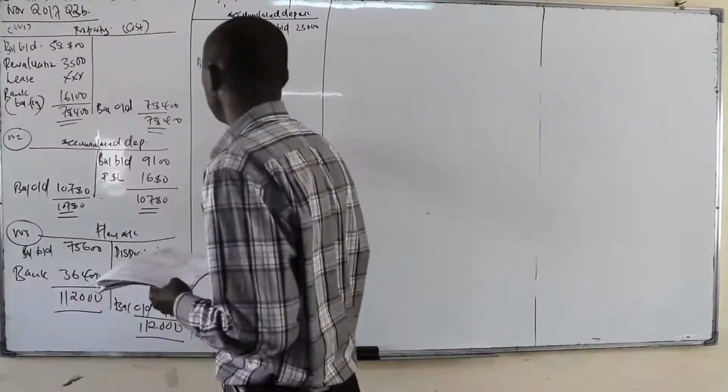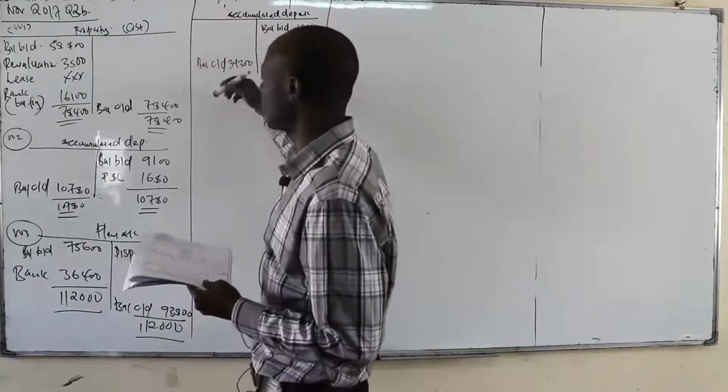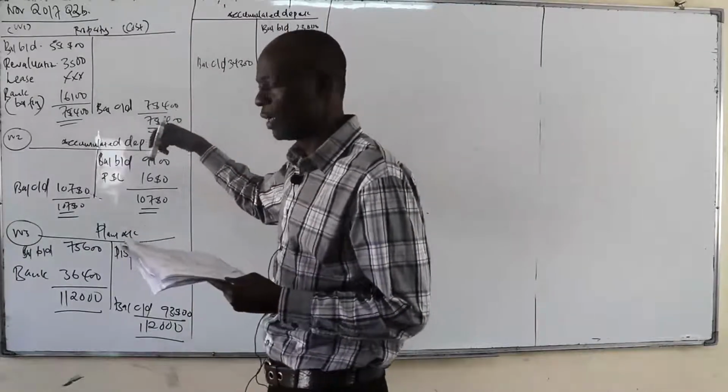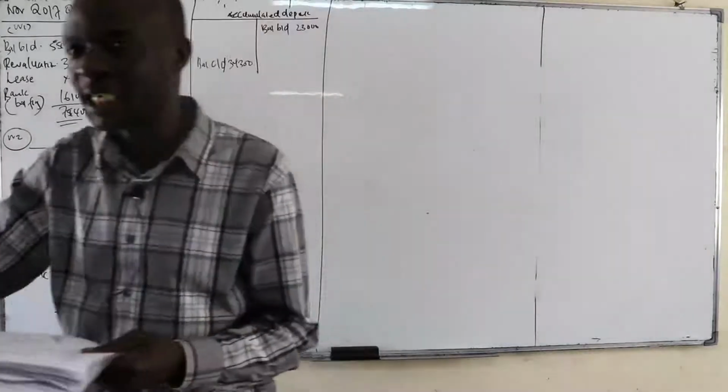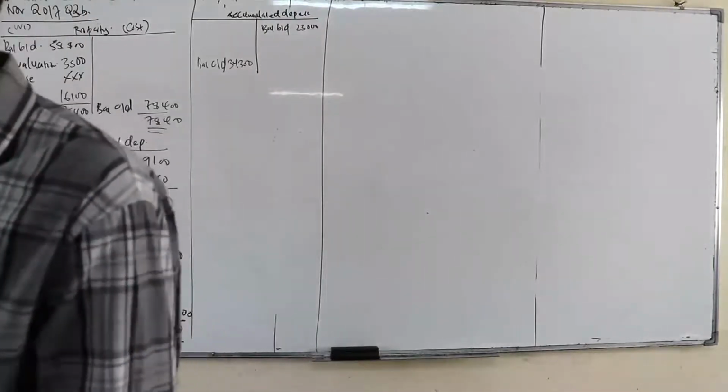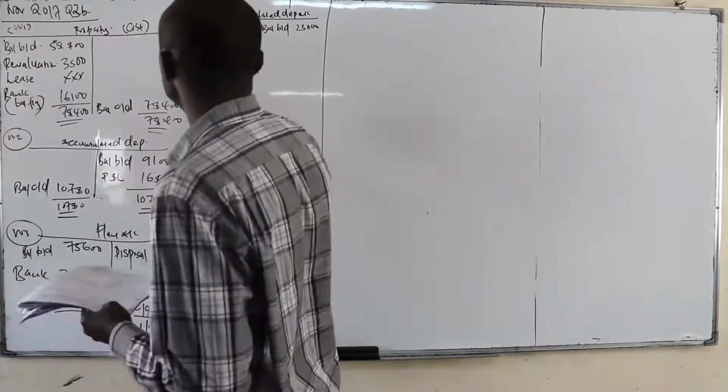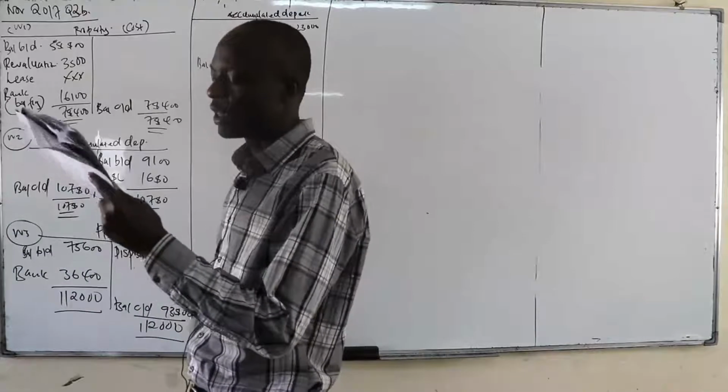And then you eliminate the total depreciation on the asset that was disposed of. The asset that was disposed of had its depreciation accumulated. Because it's no longer in the business, you eliminate its total depreciation charge.